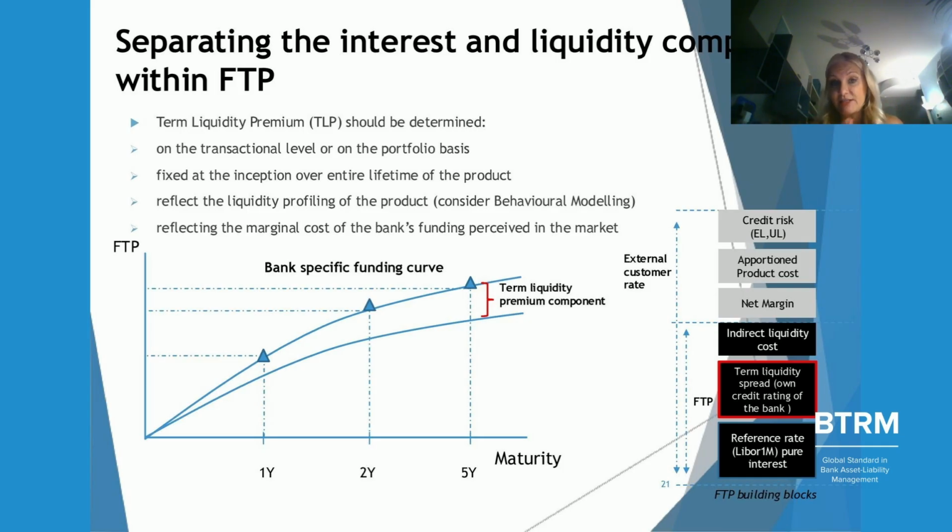From the other side, imagine that you want to incentivize certain liabilities because you want to close slightly the mismatching between asset and liabilities. You want to reduce the level of maturity transformation of the bank. You will be driving longer the tenor on the liability side. And how you can do it? You will be incentivizing the long-term sticky liabilities also through FTP.